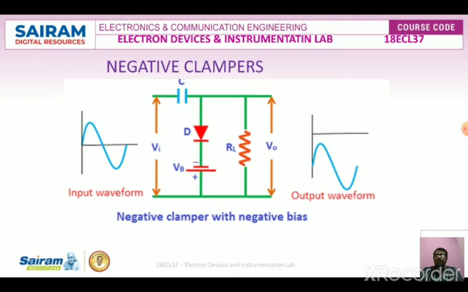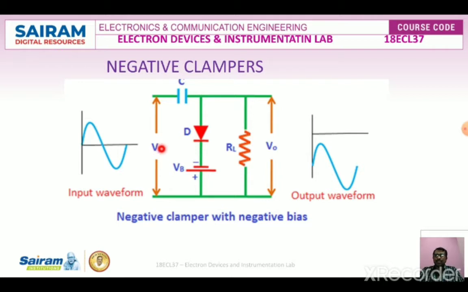During the positive half cycle, the diode is in forward bias condition, as both the input supply voltage and battery supply voltage forward bias it. So the current flows through the capacitor and charges the capacitor.